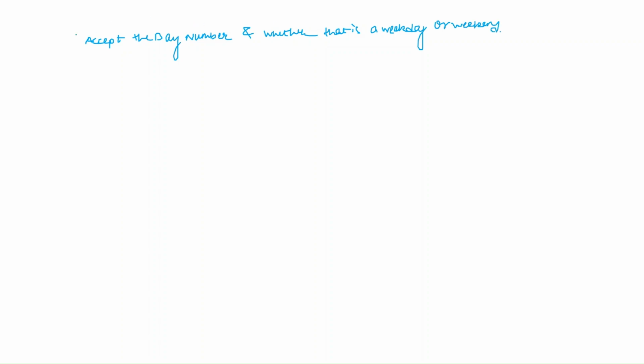But before this, what I want to do is I want to accept the day number and I want to print the day name. How exactly will I do this? I'll show you a lot of ways in order to do this.